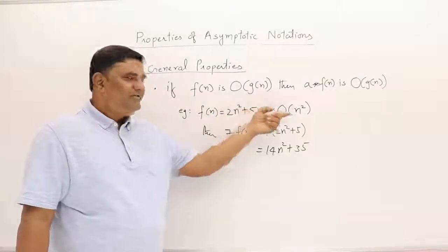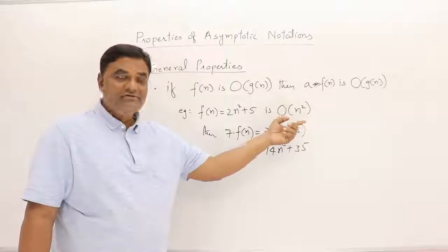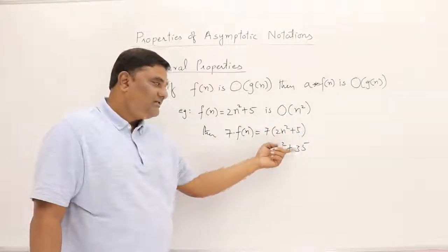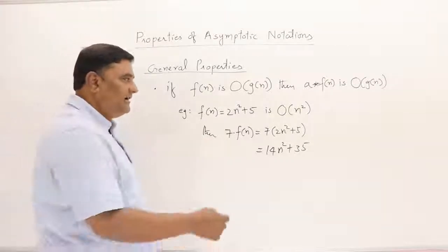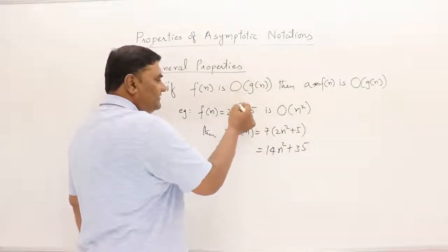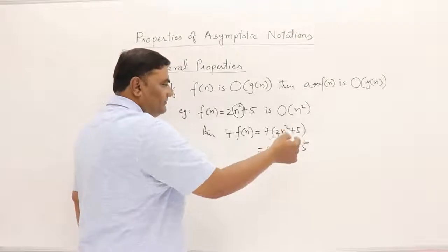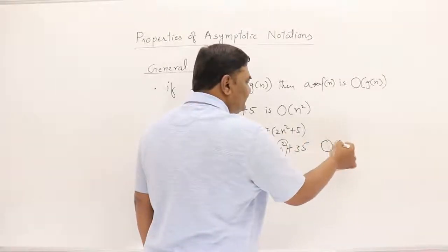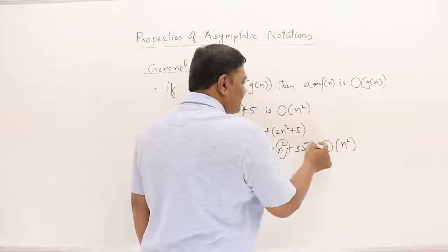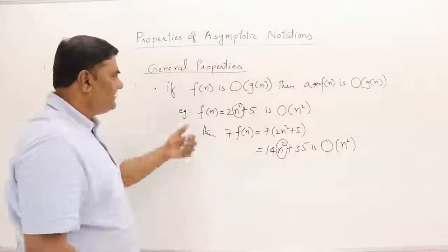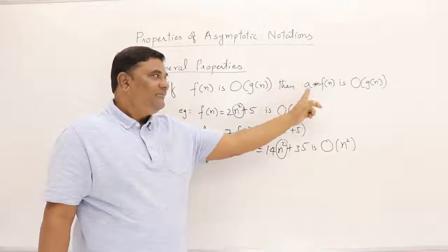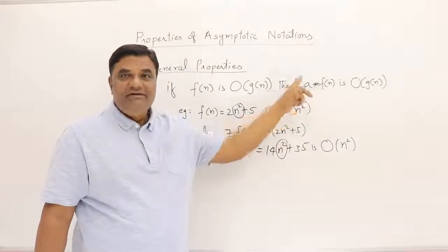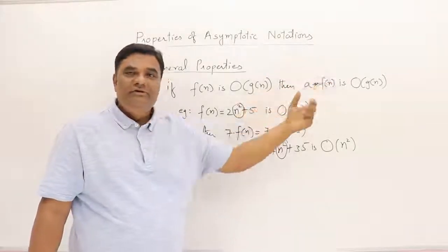When 2n square plus 5 was big O of n square, then 14n square plus 35 is also big O of n square. Actually, here we have written the degree of this one, and here also we can write the same degree. So this is order of n square. So if already for any function you know the big O function, then if you multiply that function f of n with anything, then also big O will be same.